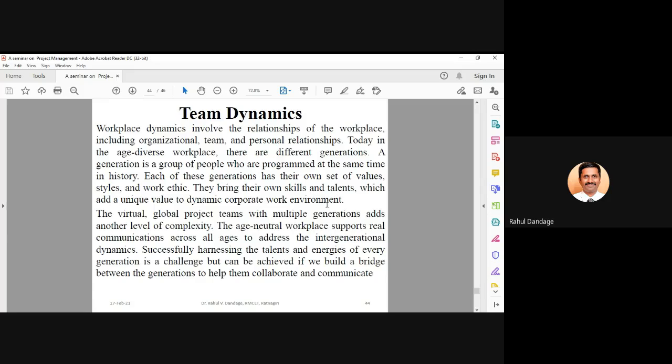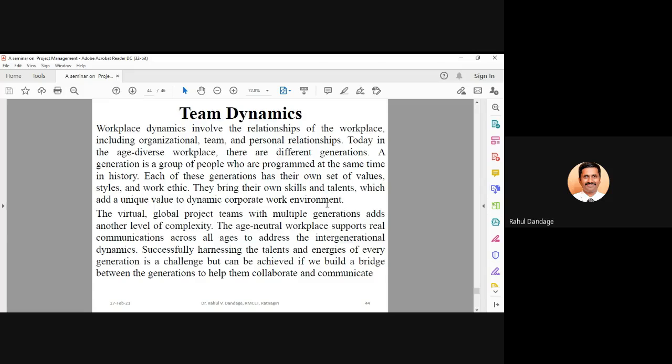Whenever we talk about team dynamics, your project team may have people from different backgrounds, even from different age groups and generations. A generation is nothing but the people who have been programmed at the same time in history.